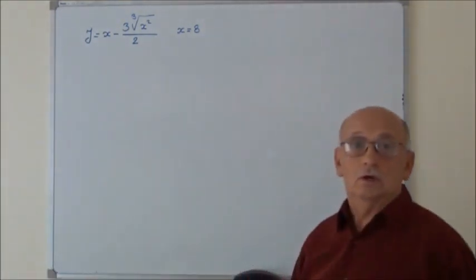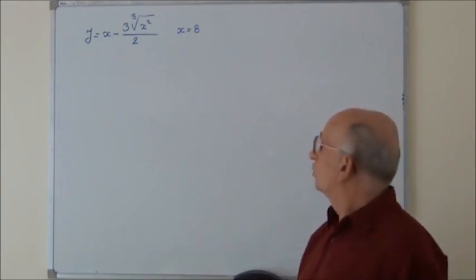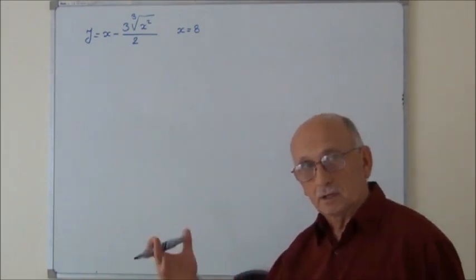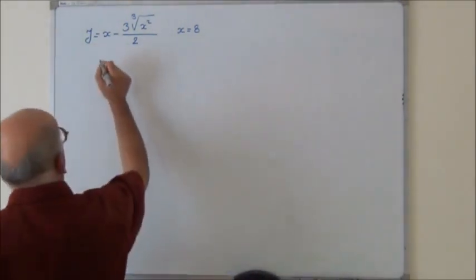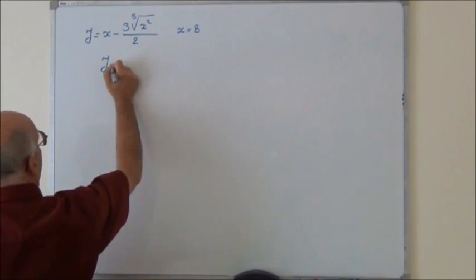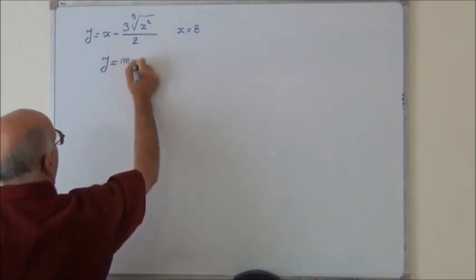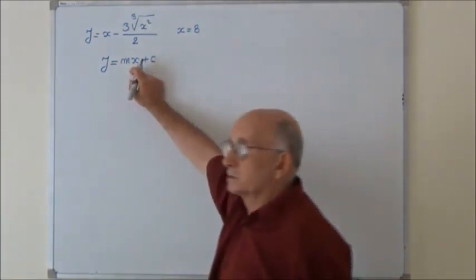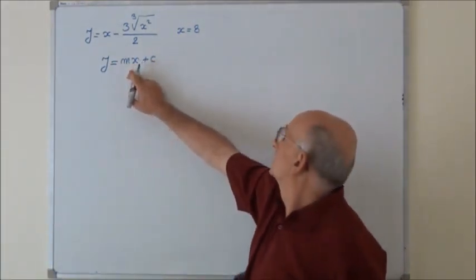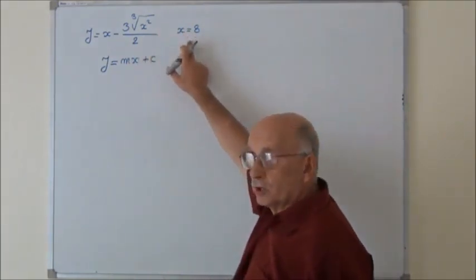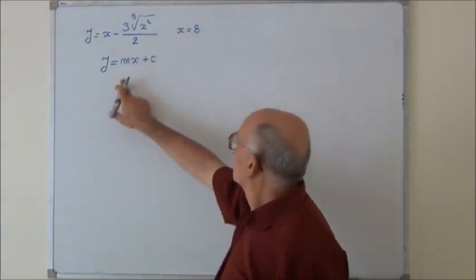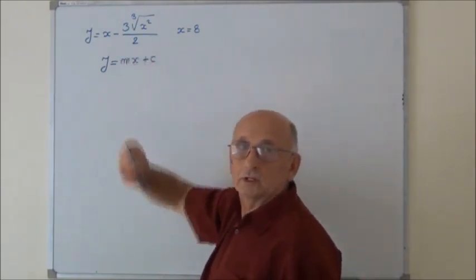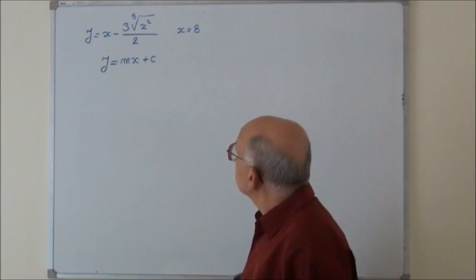To find the equation of the tangent, we know our concept. We have to start with the equation of a straight line in its standard form, y equal mx plus c, and this is the equation of the tangent to that curve at that point. We have to find the gradient and we have to find the y-intercept to complete this equation.